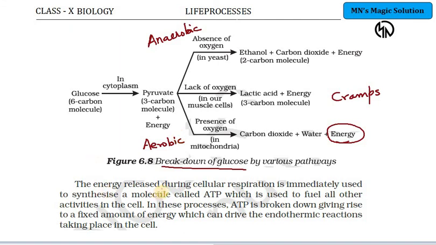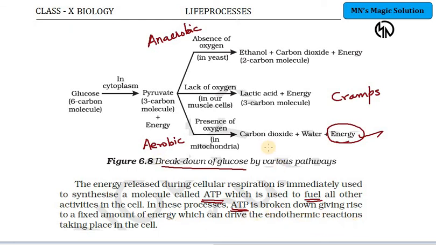The energy released during cellular respiration is used to synthesize a molecule called ATP. ATP is a fuel for all other activities of that particular cell. So when other cellular processes take place, this ATP gets broken down and gives rise to a fixed amount of energy which is used for the other endothermic reactions.